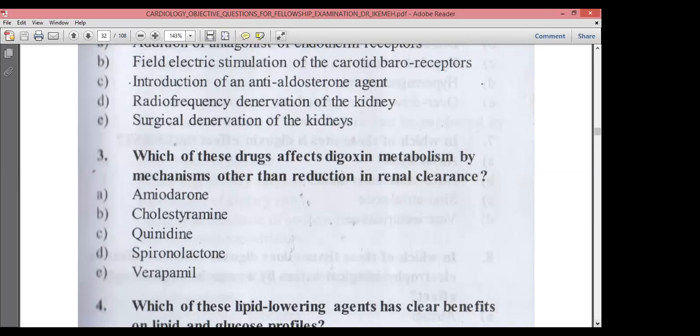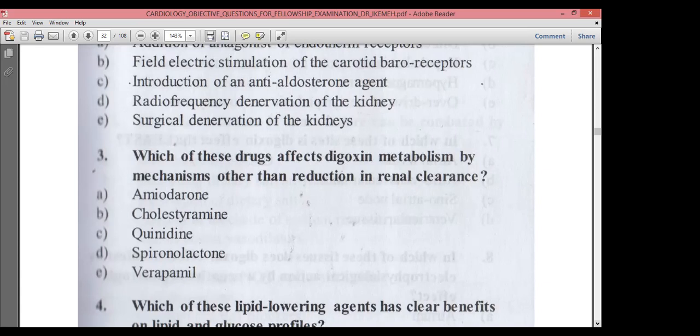Okay, you understand? I can't remember this issue of cholestyramine, but I know those other three, they do the same thing. So I'm trying to check cholestyramine.